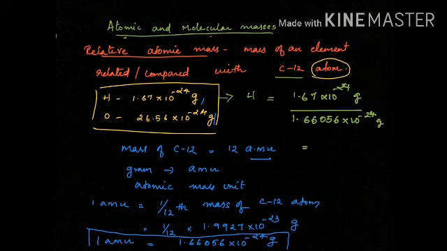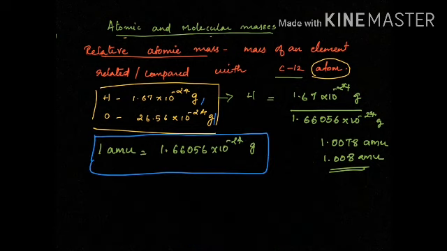So what we will get is 1.0078 AMU. So we can rewrite it as 1.008 AMU. So we got the mass of hydrogen in terms of AMU, that is 1.008 AMU.